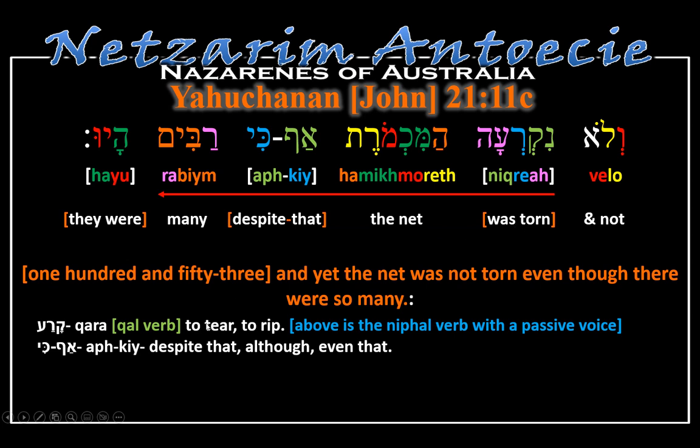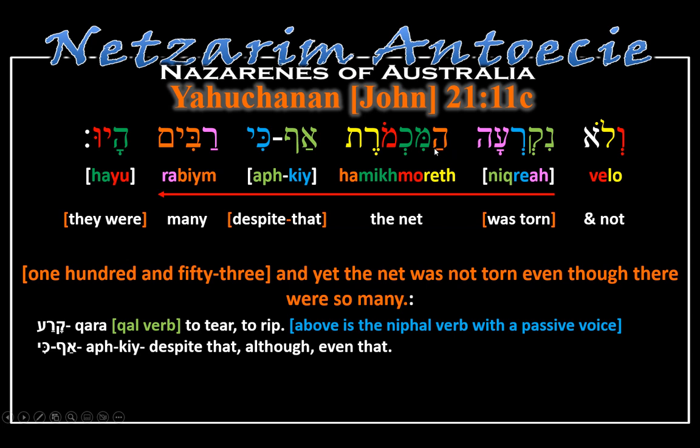Because we look down here and we see the word kara. And that's not the kara with an aleph, so it's a kara with an ayin, and it's a kal verb to tear, to rip. And I've got here, the above is a nifal verb with a passive voice. And that's why we have was torn, right?